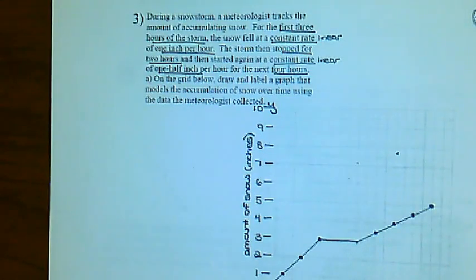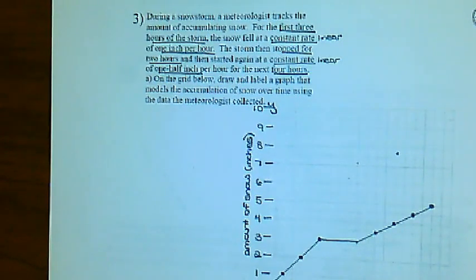For the first 3 hours of the storm, the snow fell at a constant rate. Whenever you see the word constant, that is linear, of 1 inch per hour. The storm then stopped for 2 hours and then started again at a constant linear rate, of course, of 1/2 inch per hour for the next 4 hours.